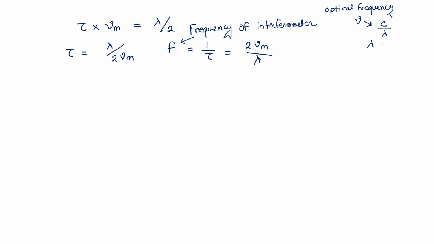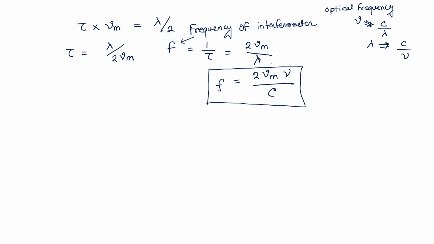So your lambda is equal to c by nu. If I replace this, f is 2 Vm nu by c. So this is my relationship.